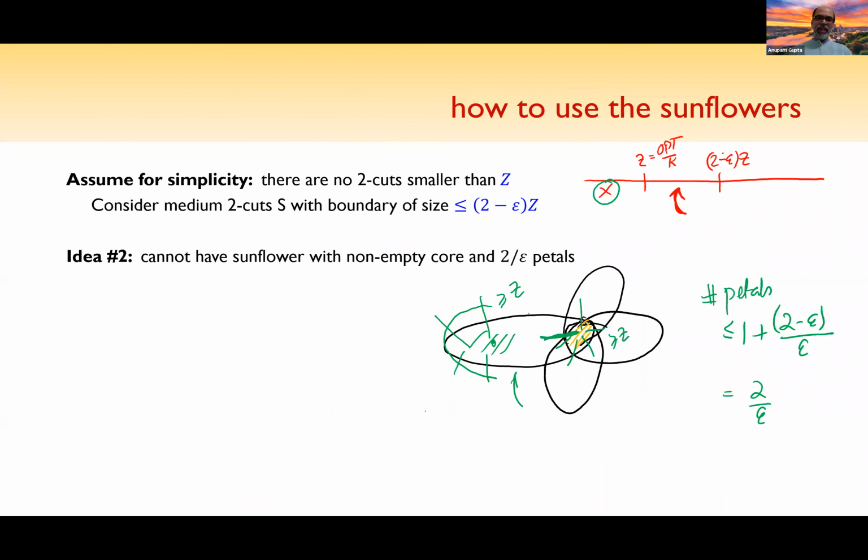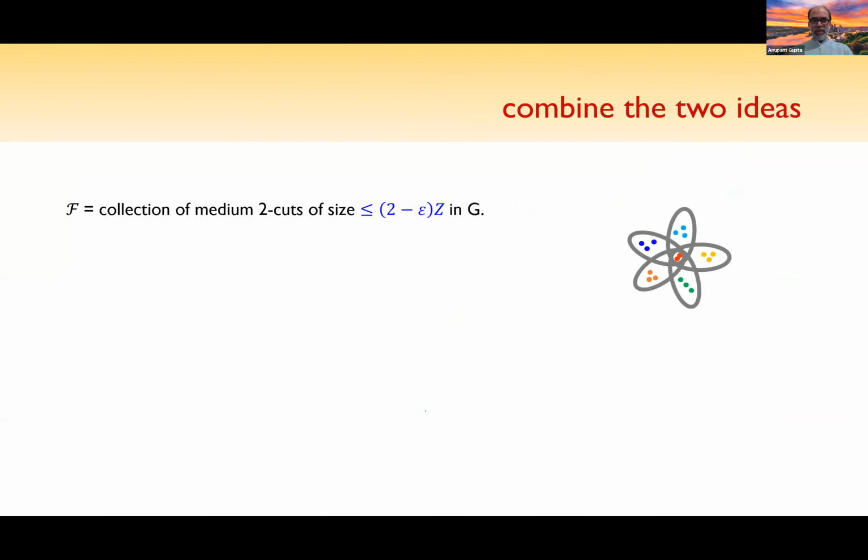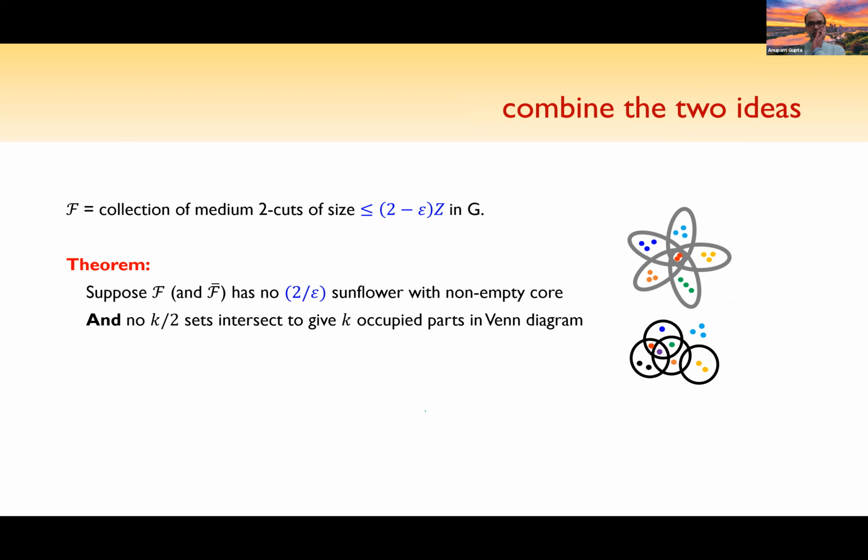Our cuts could be very large. So we actually have to employ both ideas together. We use both this Venn diagram idea and the sunflower idea to argue. Just put them together. The proof is not so difficult. It's a divide and conquer type argument.